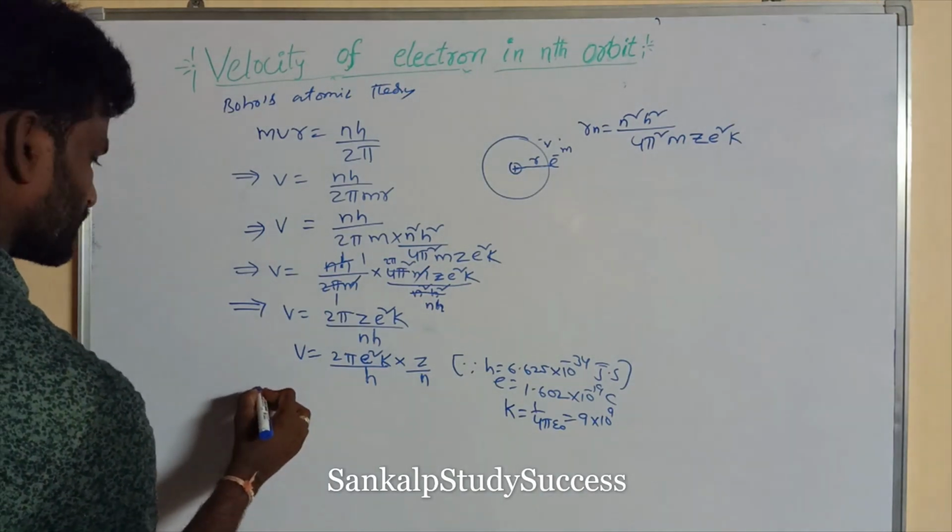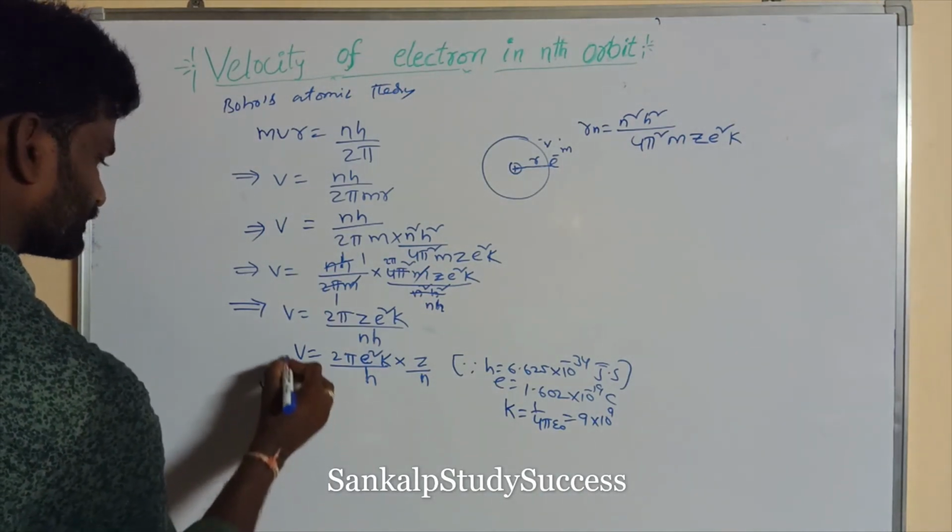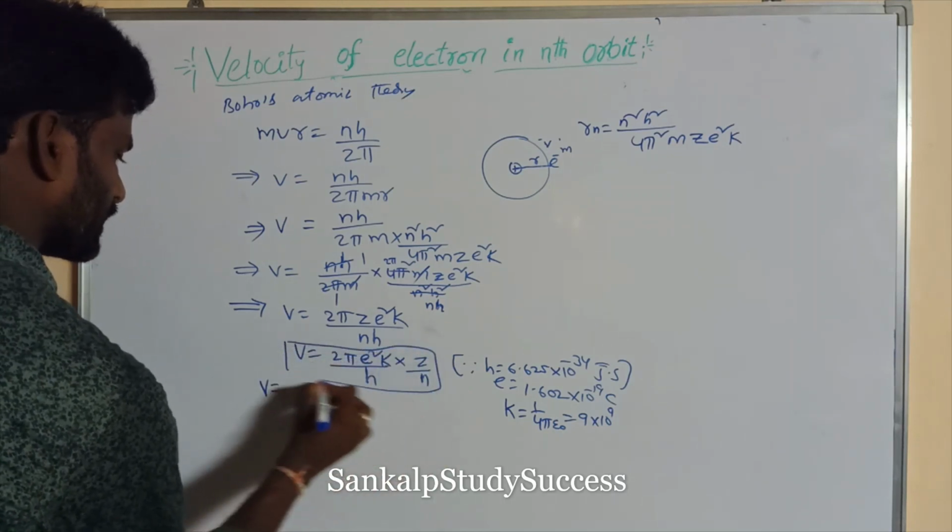Now all these values are substituted in this equation. This is the velocity of electron.